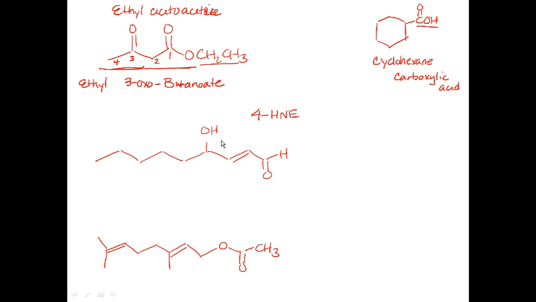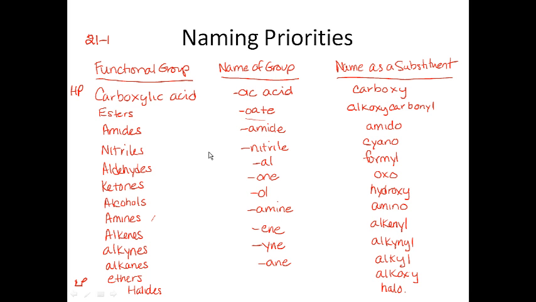Now, if I'm looking at this, I see I've got an aldehyde functional group, I've got a double bond, and I've got an alcohol. So we go to my list, and what does my list say? My list says the aldehyde comes before alcohol, comes before alkenes. So the parent name of this is going to be a something ANAL.